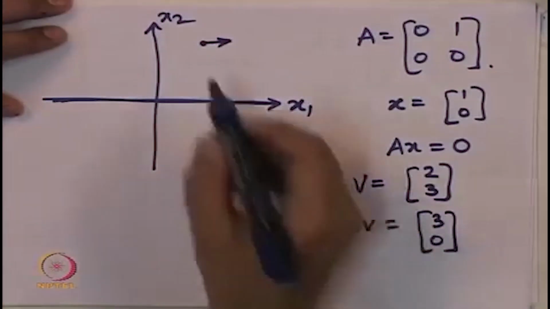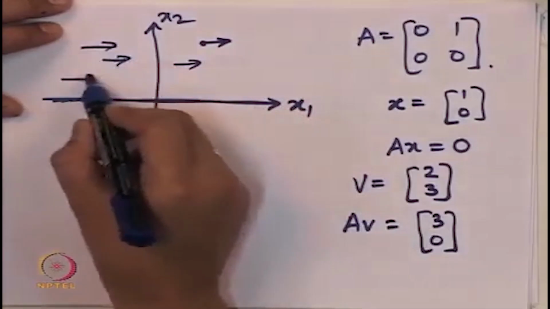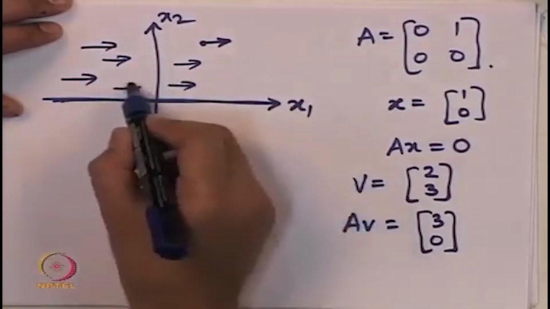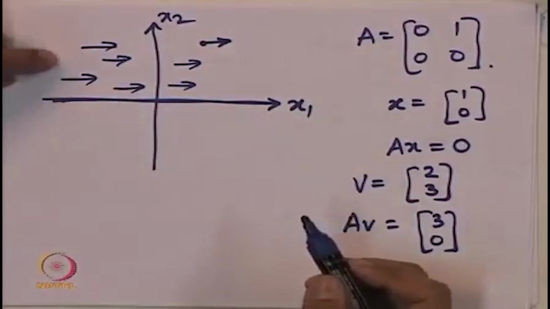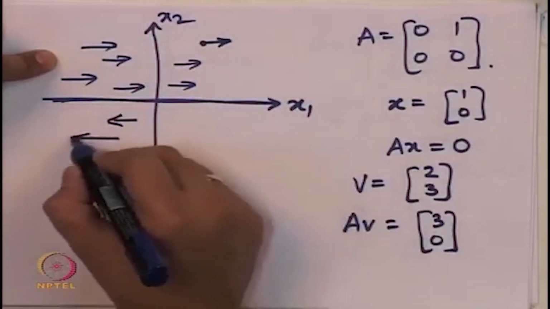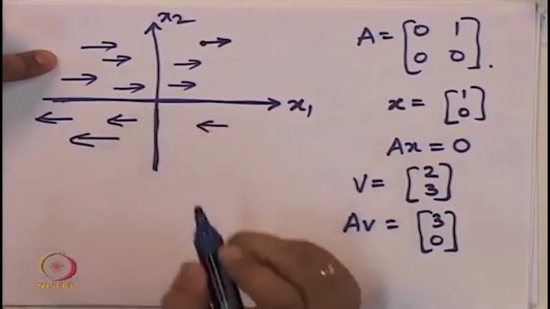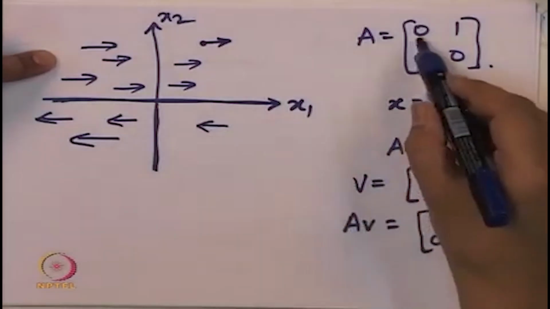So we see that the arrows look like this. They are all in increasing direction of x1 when x2 component is positive, and they are all along decreasing direction of x1 if the x2 component is negative. Why? Because A is this matrix.